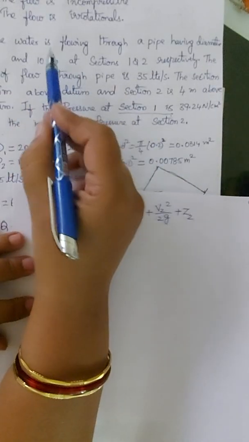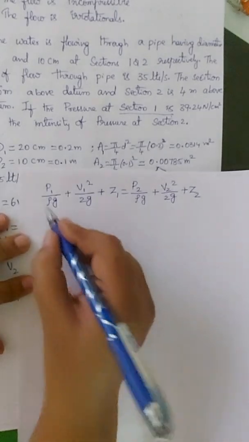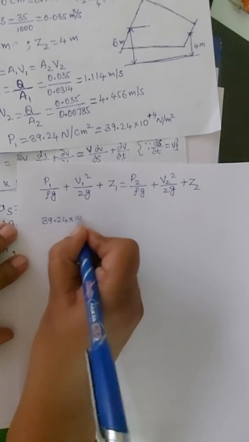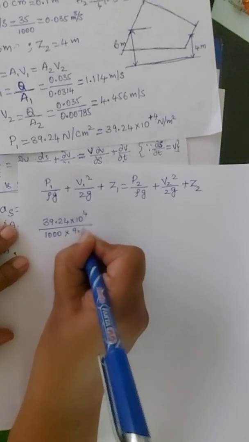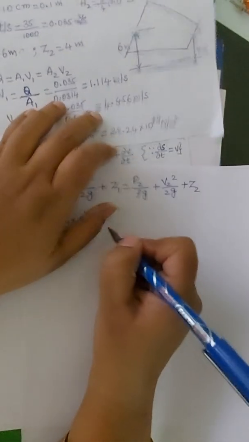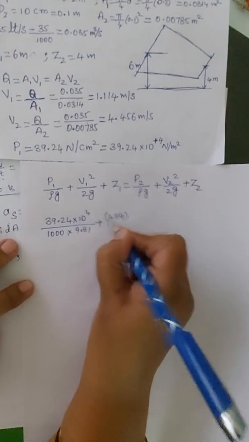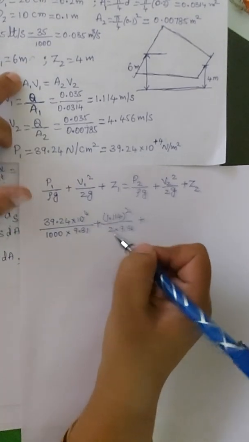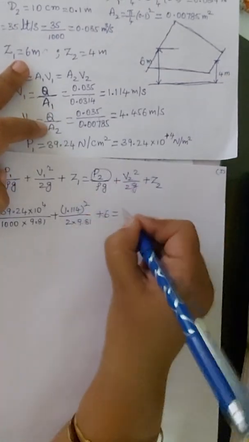Because the fluid flowing is water, we know the density of water is 1000. So 39.24 into 10 to the power of 4 divided by 1000 into 9.81 plus 1.114 square divided by 2 into 9.81 plus Z1, which is 6 meters.